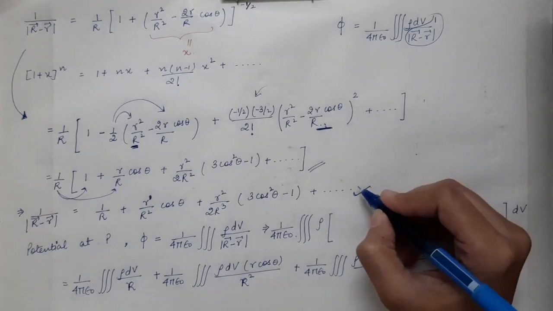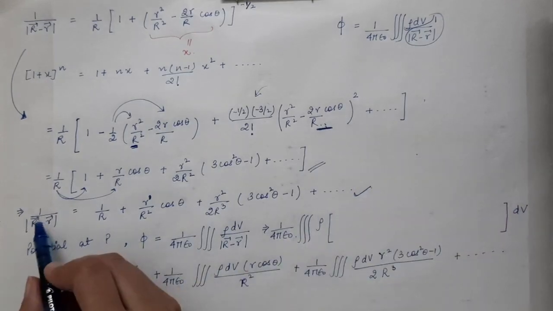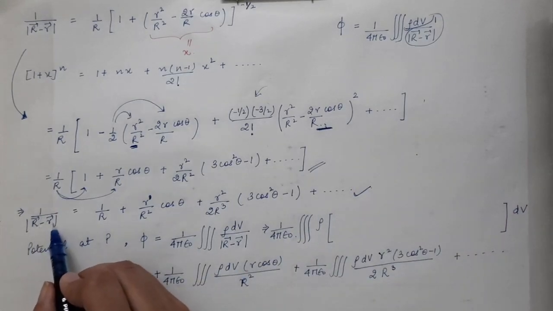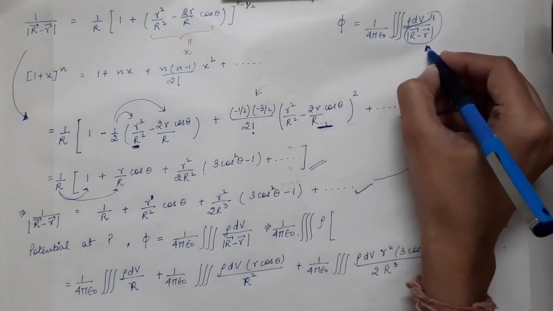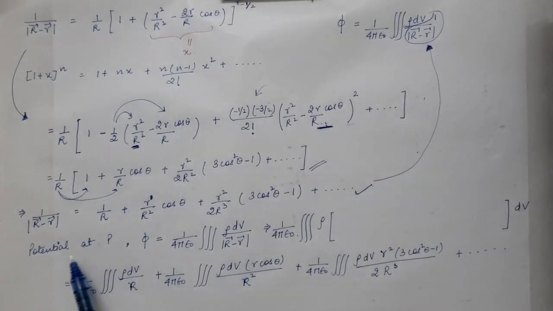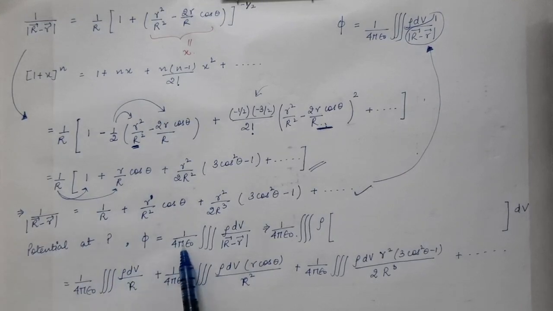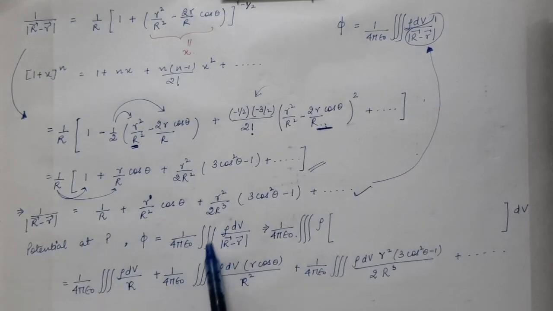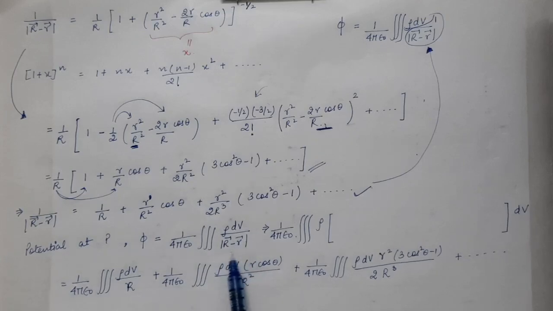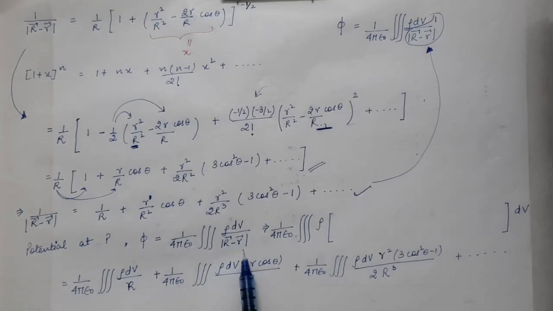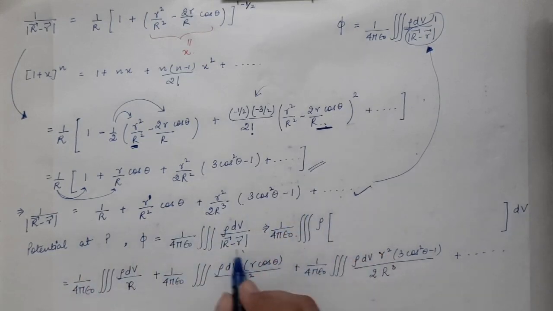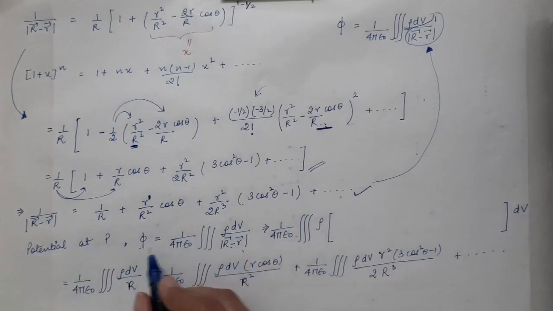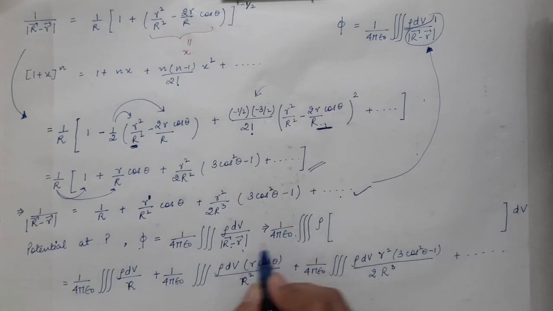Now we are going to insert this expression of 1 divided by capital R vector minus small r vector in this particular formula. So the potential at P came out to be equal to 1 by 4 pi epsilon naught into integration of rho dV divided by capital R vector minus small r vector. So we are just going to insert this result over here. So that potential will be equal to 1 by 4 pi epsilon naught.